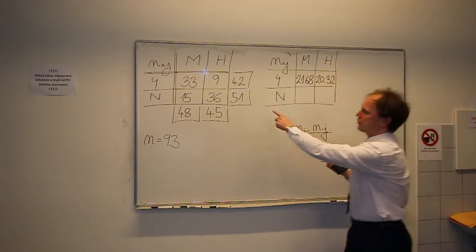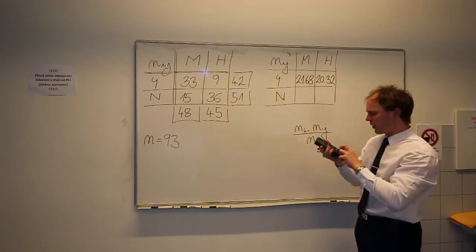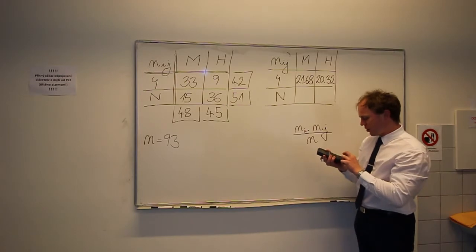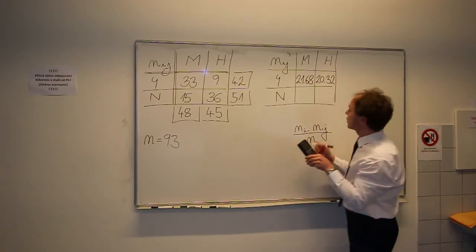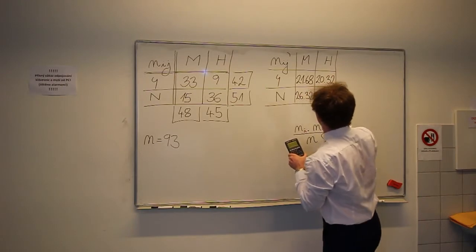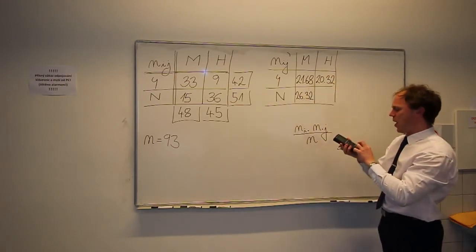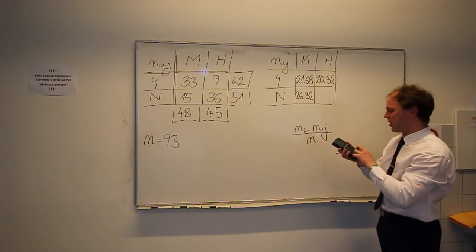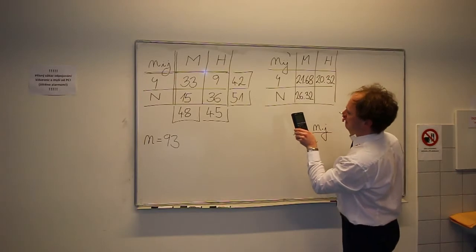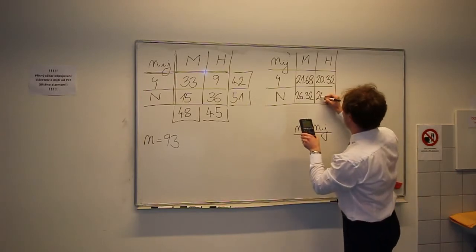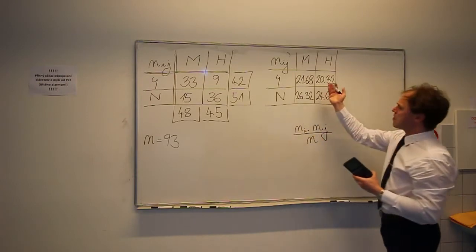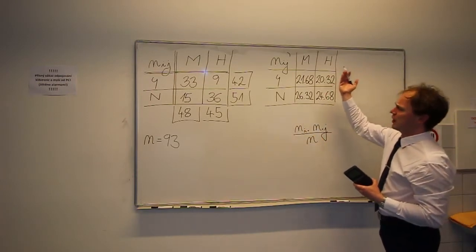We can continue with 51 times 48 divided by 93, which is 26.32. And finally 51 times 45 divided by 93 is 24.68. This is the table with expected frequencies.